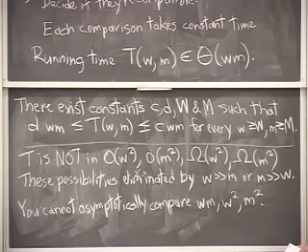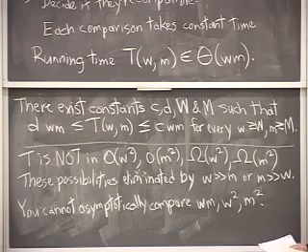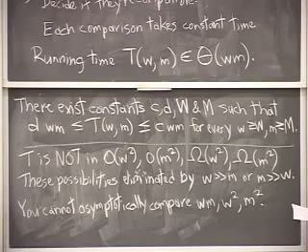Unless you know something special, like you're told that there's some constraint in the problem that you can't have more women than men, then you could do this. But in general, you can't.